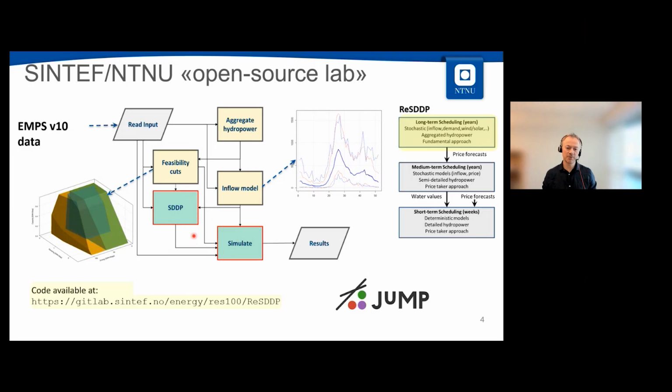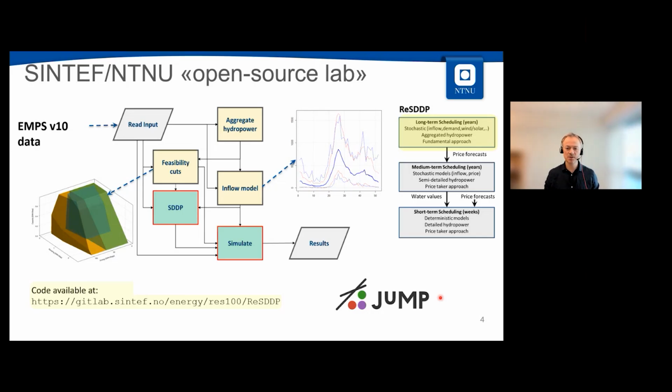And the key advantage of this is, well, it's open source, as I said, but it's also set in a language, Julia, with the optimization package called JuMP, that is quite easy to read and comprehend compared to other programming languages that are compiled and more difficult to read and program in.